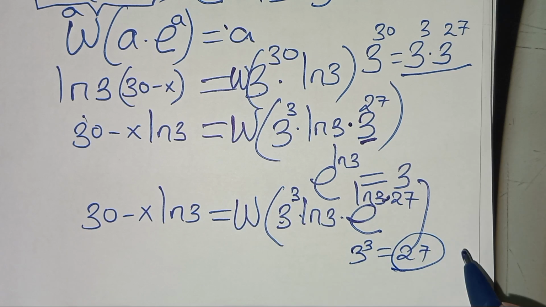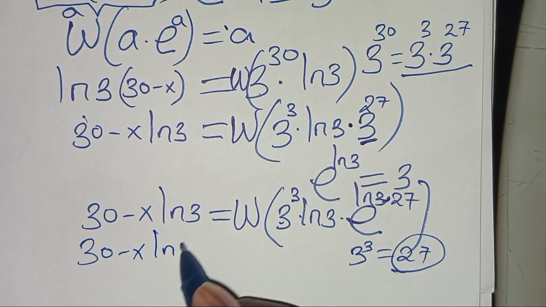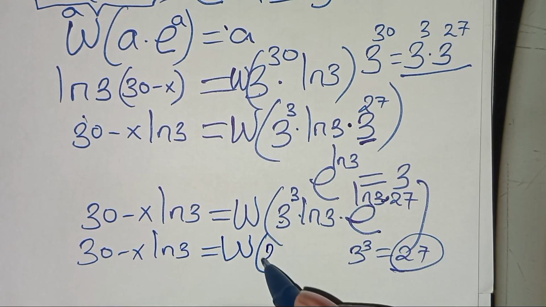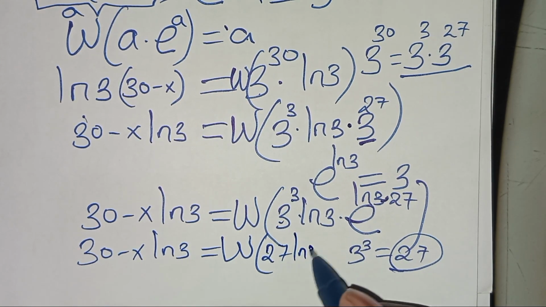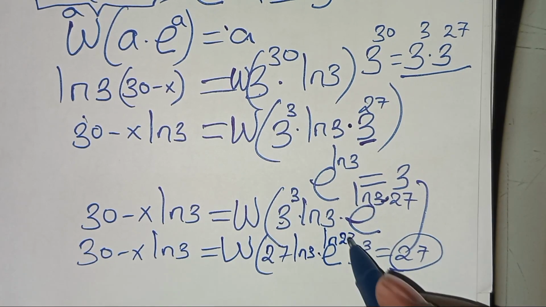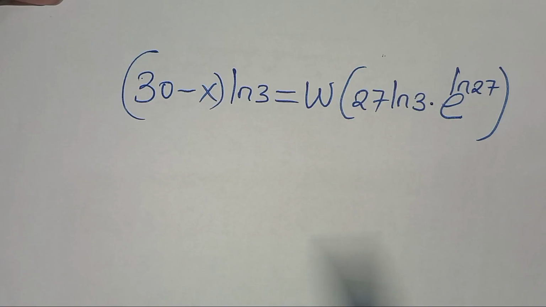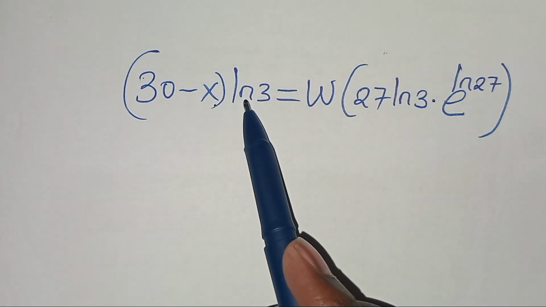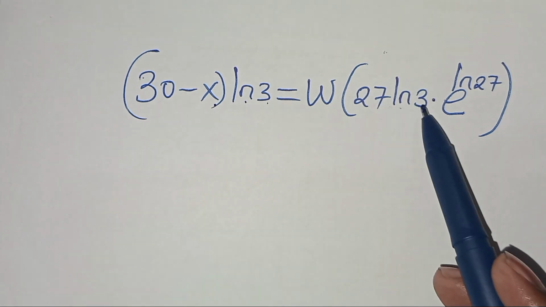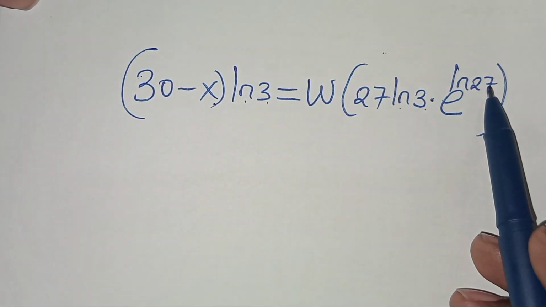Let's substitute this. So you'll have that subtract x natural log of 3 is equal to the W function of 27 natural log of 3 times e to the power of natural log of 27.